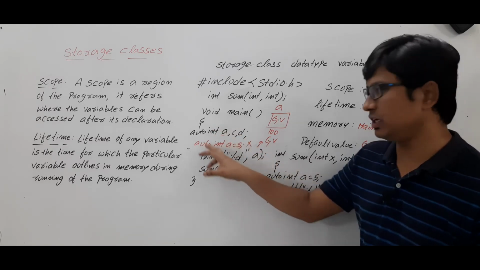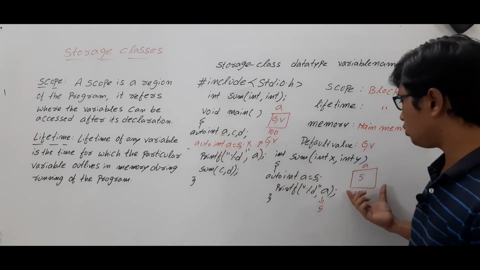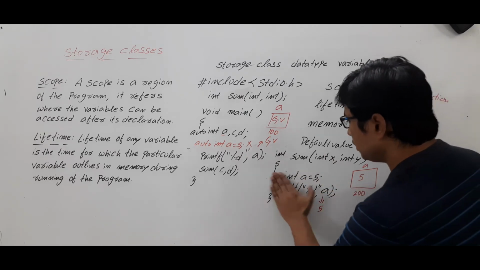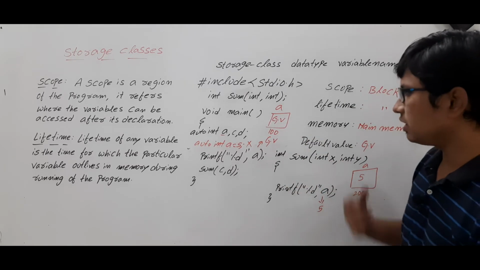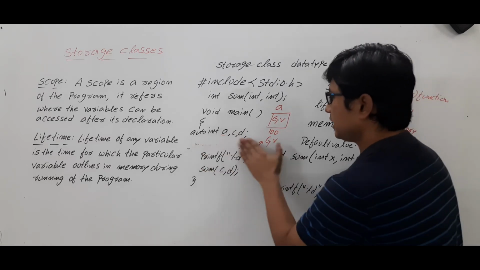That is not correct, but within another function you can declare it, and the scope, as I have discussed, is within the function only. Suppose you have not redeclared the variable a, and you are trying to access it. Let's take it like this.